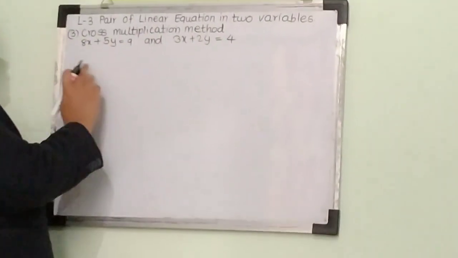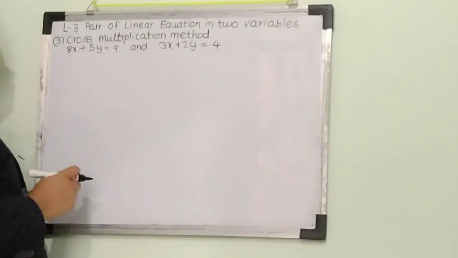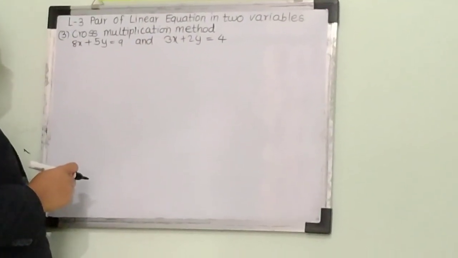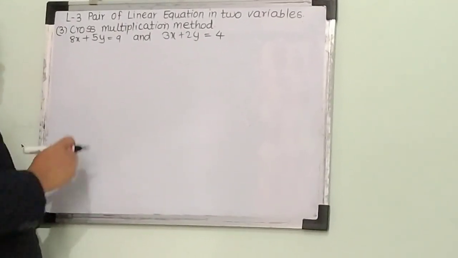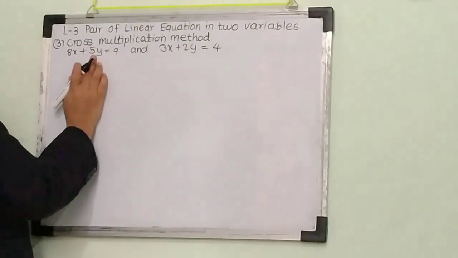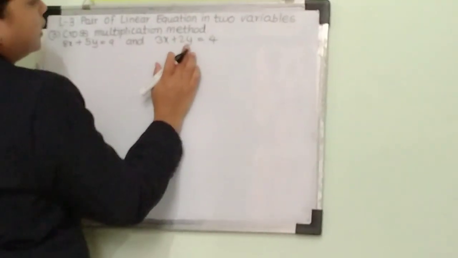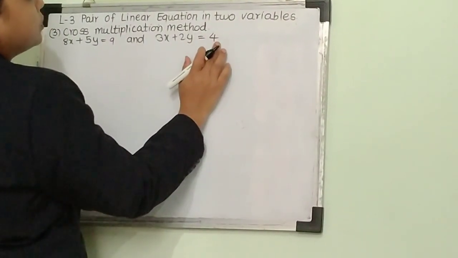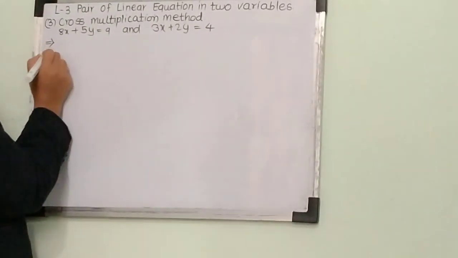Now the third algebraic method, that is the cross multiplication method. Already we learned that cross multiplication method. See here, we have given one pair of linear equations 8x plus 5y equals 9 and 3x plus 2y equals 4. So first we have to write these equations in the standard form for the solution.